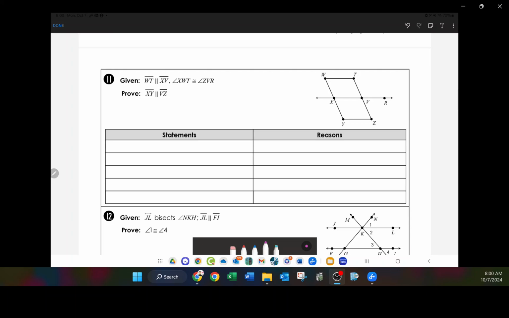All right, so we are given that WT is parallel to XV. And we're given that angle XWT is congruent to angle VBR.